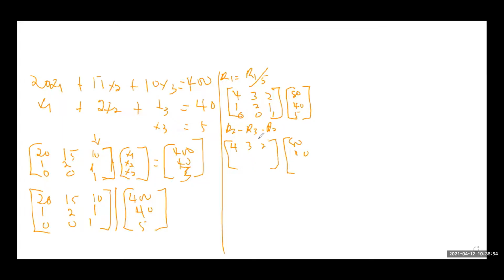So row 2 minus row 3. So 1 minus 0 is 1, 2 minus 0 is 2, 1 minus 1 is 0, 40 minus 5 is 35. Then you have 0, 0, 1, 5.